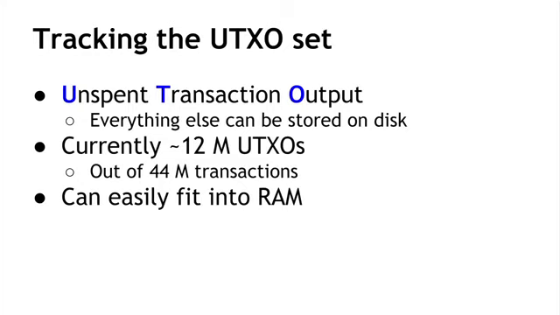So currently there are about 12 million unspent transaction outputs, and that's out of 44 million transactions that have ever been proposed. Fortunately, that's still small enough to fit in less than a gigabyte of RAM in an efficient data structure, so that if you're running a fully validating node, every time you hear about a new transaction, you can quickly check, run the redemption script, and see that this is a valid transaction that you should put in your pending transaction pool.